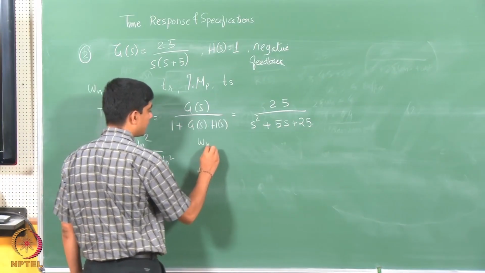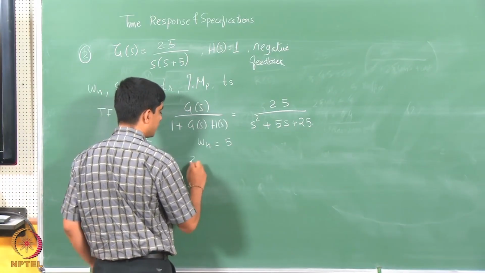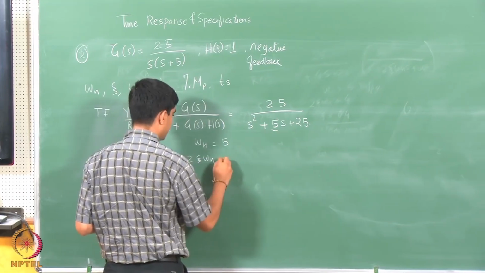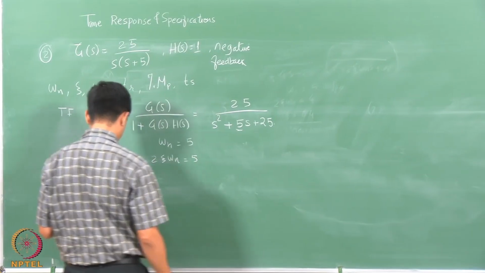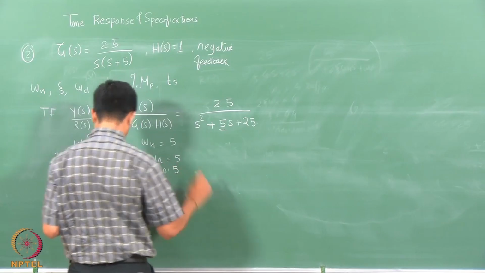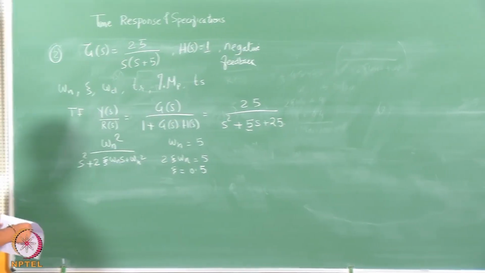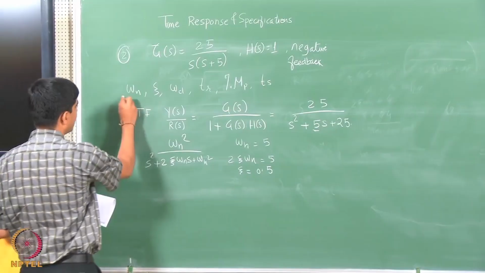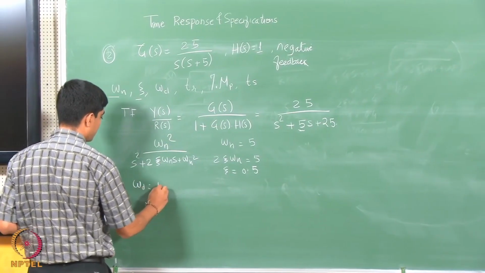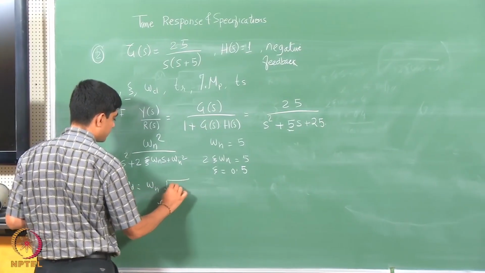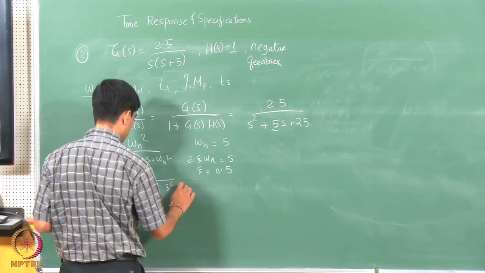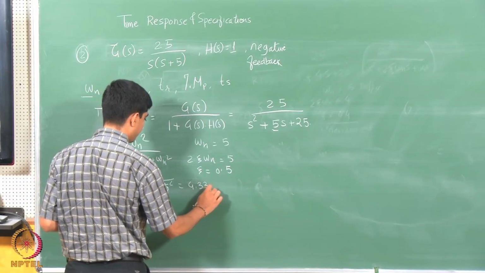It gives me omega n is 5 and 2 zeta omega n is 5, and therefore zeta is 0.5. I know omega d is omega n square root 1 minus zeta square, and that will be 4.33 radians per second.